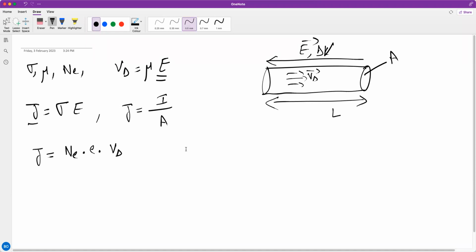And then we got the relationship between the density, conductivity, and the mobility. So this is basically what we have seen in the first part of the class.